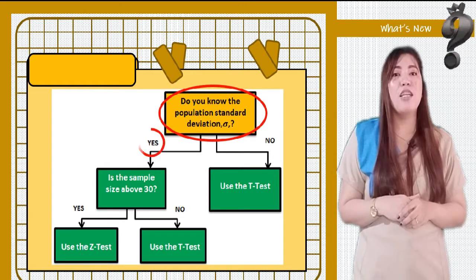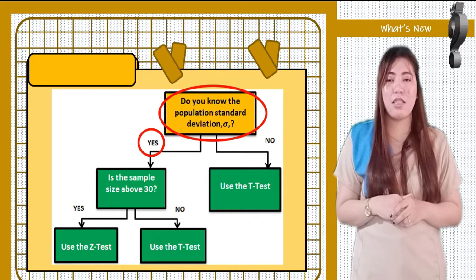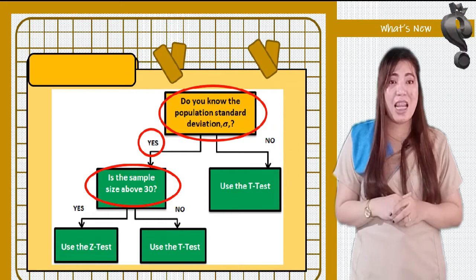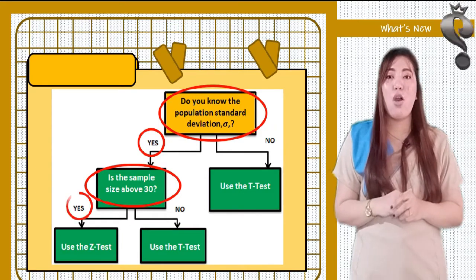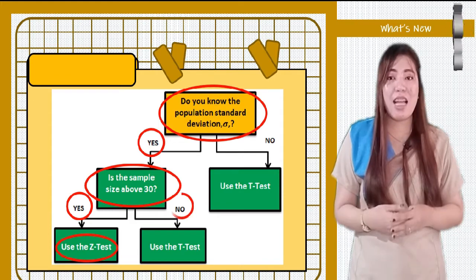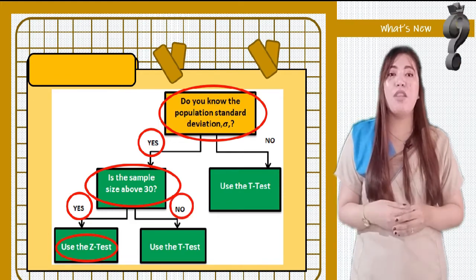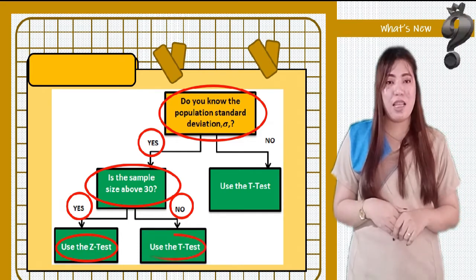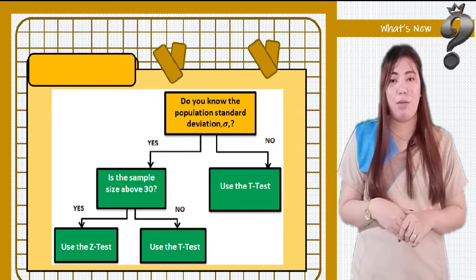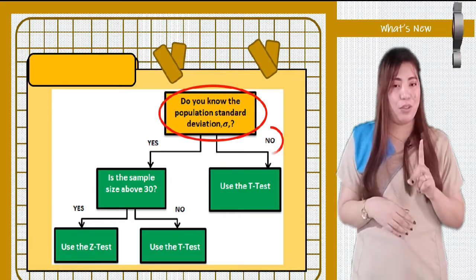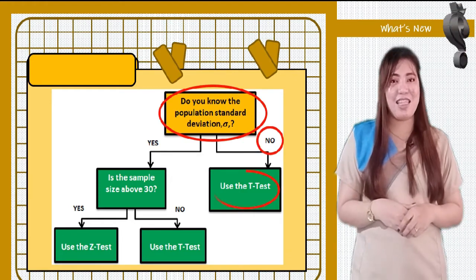If yes, check the sample size. Is the sample size above or equal to 30? If yes, use the z-test statistic. If the sample size is below 30 and the population standard deviation is known, use the t-test statistic. But if the population standard deviation is unknown, use the t-test statistic.